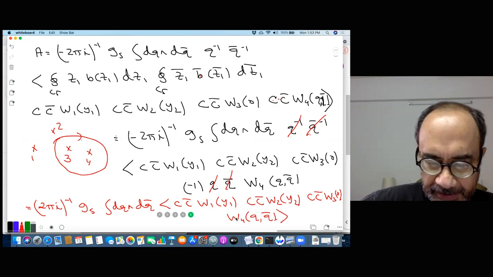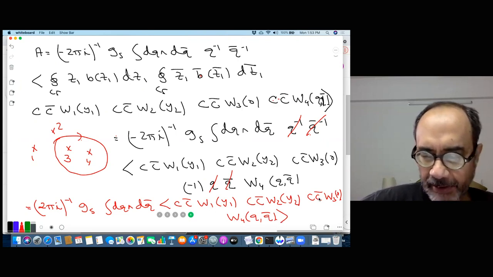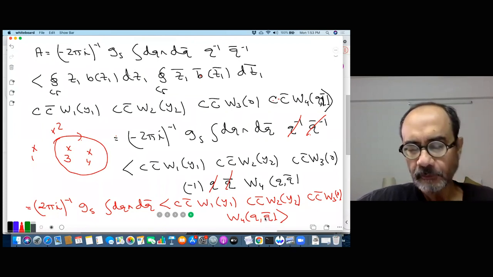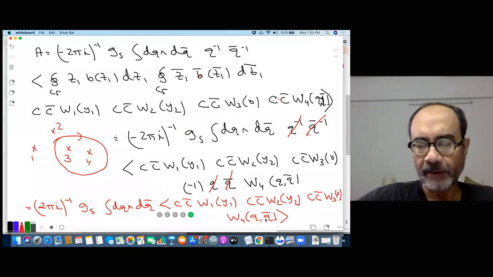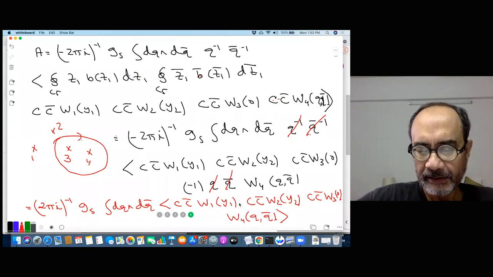So this basically tells us that you fix 3 of the vertex operators at some arbitrary positions, Y1, Y2, and 0. And then for the 4th one, you first strip off the cc bar factor, and then you integrate it over its position, over the whole complex plane, which is the integration over Q and Q bar. So this is the expression for a general on-shell 4-point function.